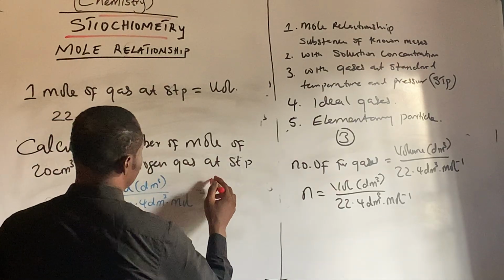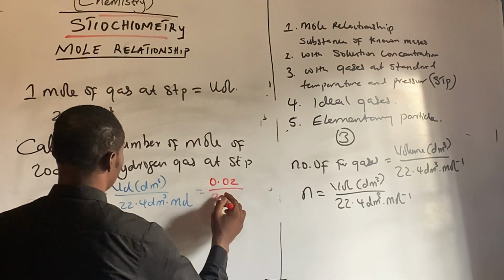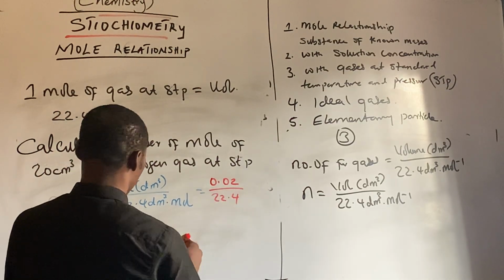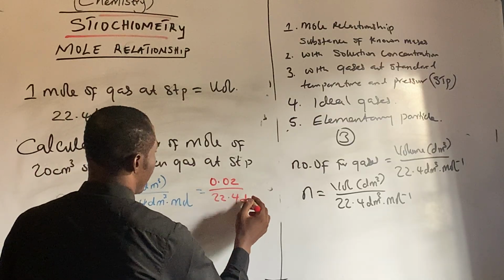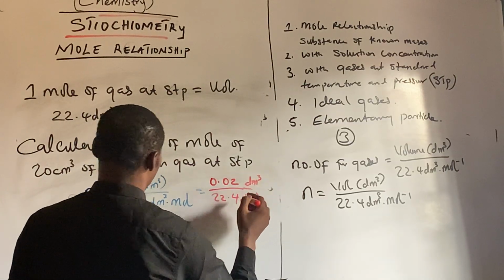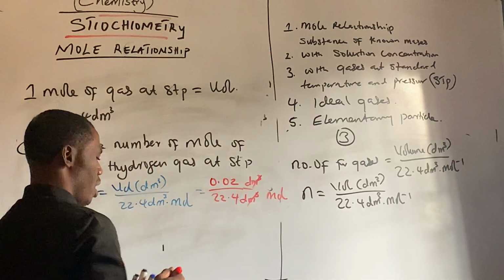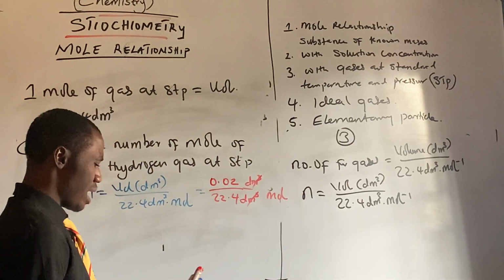So I have 0.02 divided by 22.4. That is in dm³. Understand that we cancel dm³, and then we'll be left with moles. All right, so what do we have?